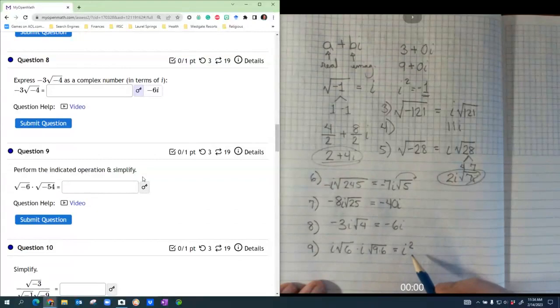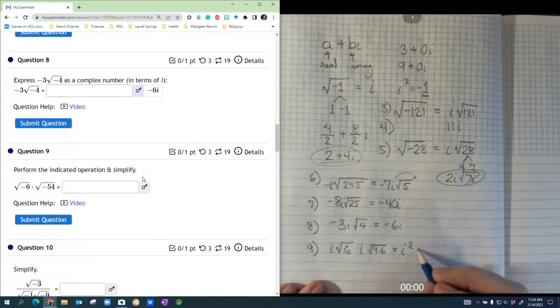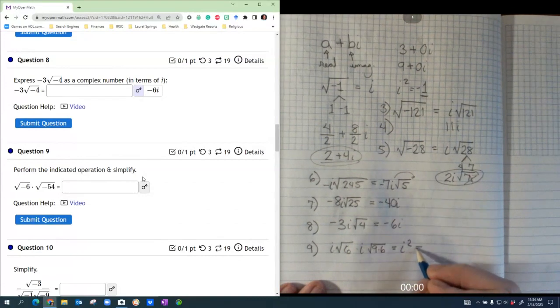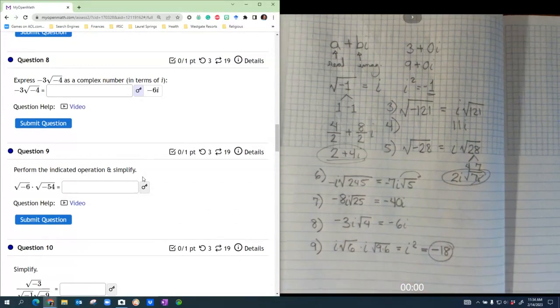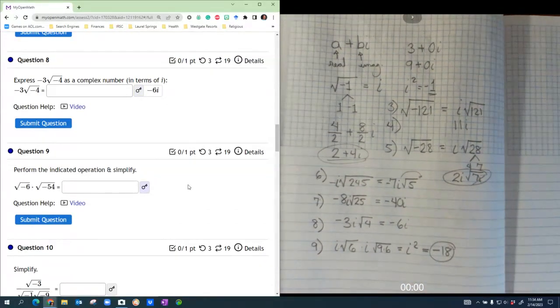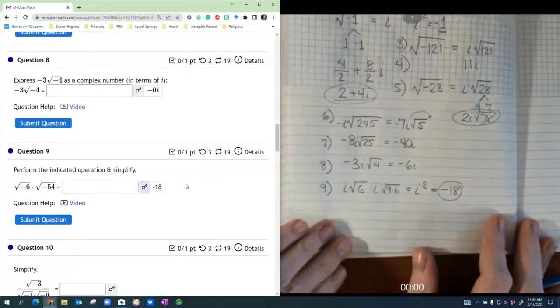So then when we do this, the 6 comes out of the radical system, okay? And then the square root of 9 is 3. So 3 times 6 is 18. Then because this is equal to negative 1, we're going to get negative 18 for our answer. All right, that was me really identifying the properties of the complex number systems.